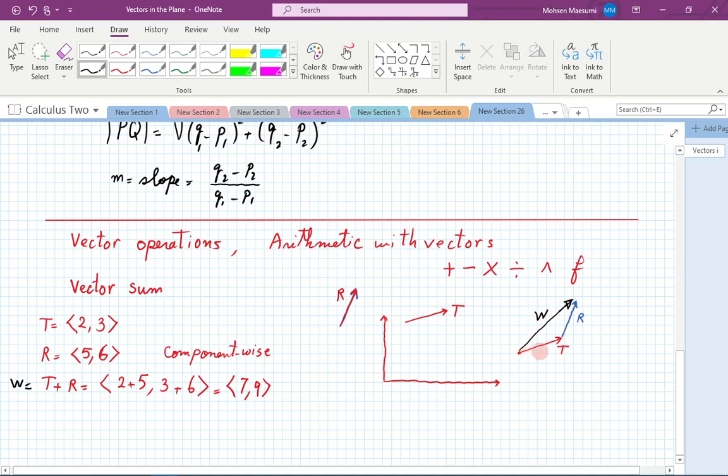Why? Well, I'm making a horizontal displacement followed by the next horizontal displacement. That is what 2 plus 5 refers to. That's the net displacement for w. And then a vertical displacement and another vertical displacement. I'm adding them up to find the vertical displacement of w. So that is what the vector sum refers to.